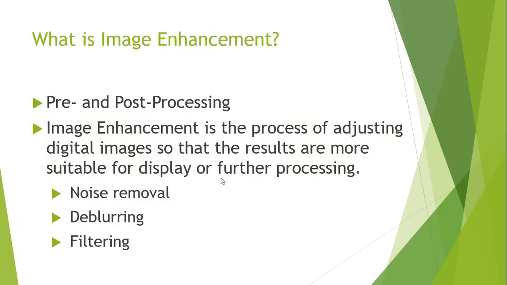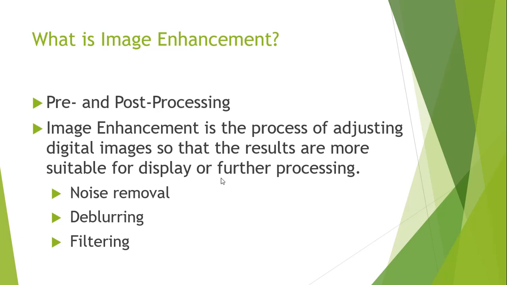Then, what is image enhancement? Because we want to look at that in this lecture. In image enhancement, we look at pre and post processing. Image enhancement is the process of adjusting digital images so that the results are more suitable for display or for further processing.